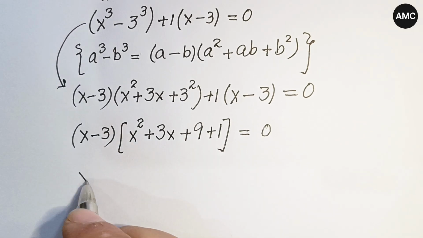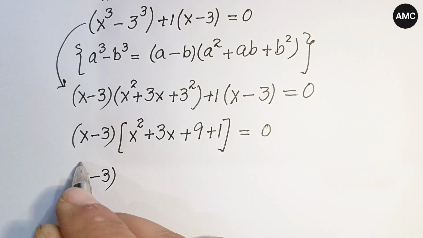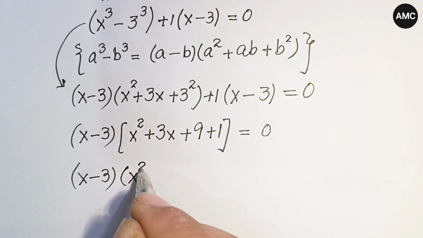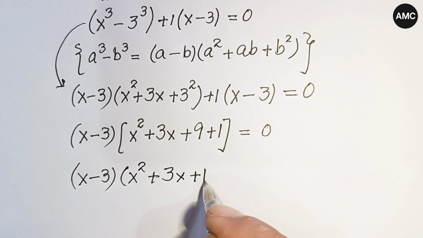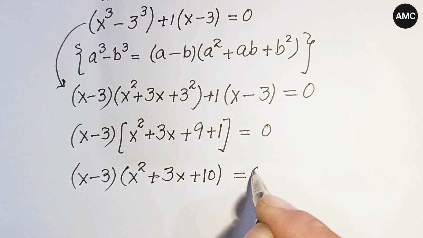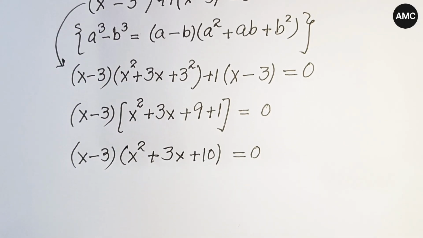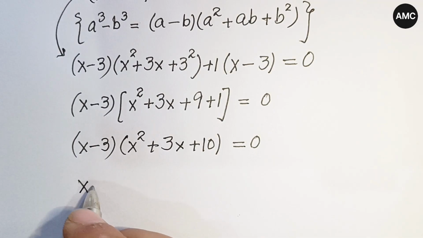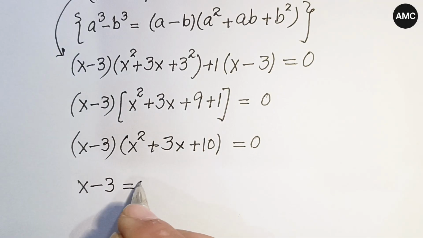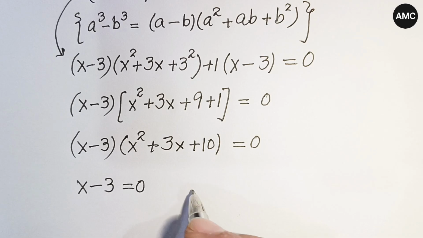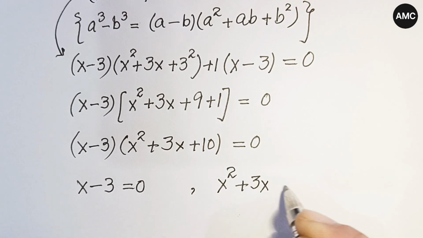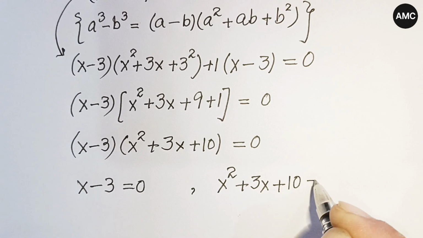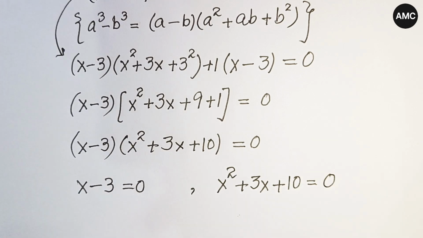Now (x minus 3) times (x squared plus 3 times x plus 9 plus 1, which gives plus 10) is equal to 0. Now here we have x minus 3 is equal to 0, and this expression x squared plus 3 times x plus 10 is equal to 0.